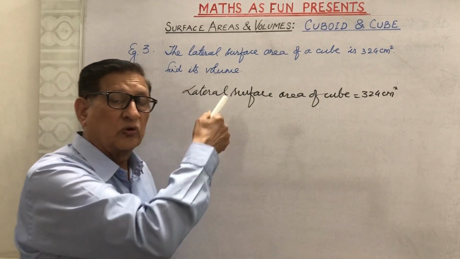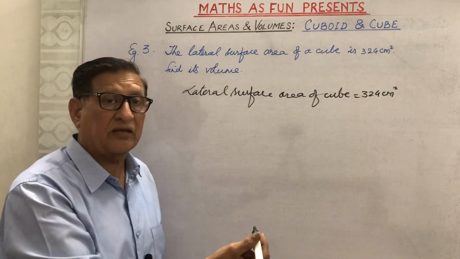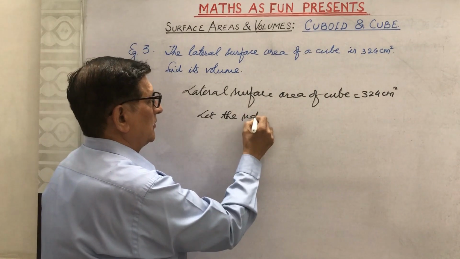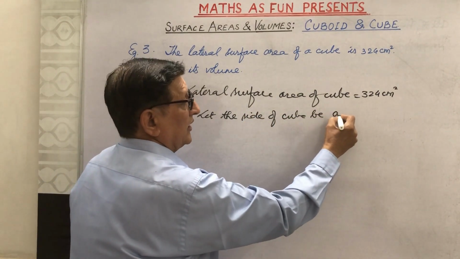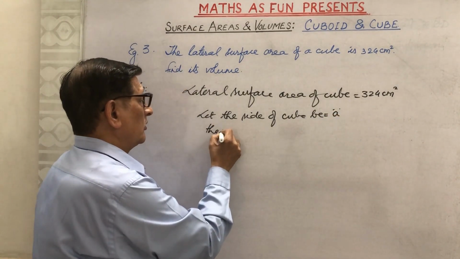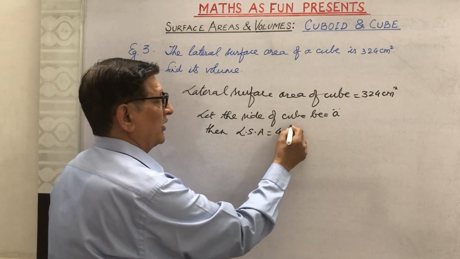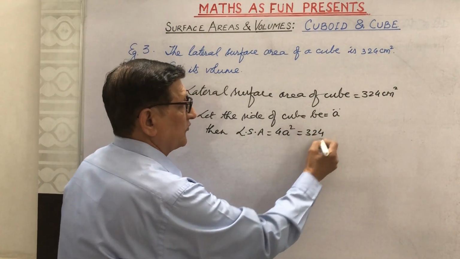Now to find out the volume, we need the side. Let the side of the cube be A. Then we know the lateral surface area is equal to 4A square, and that is equal to 324.